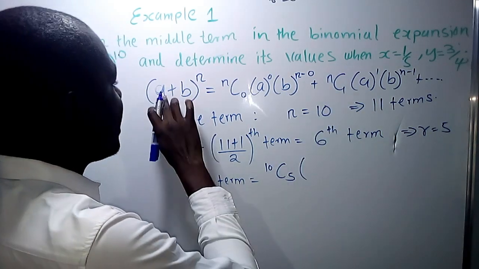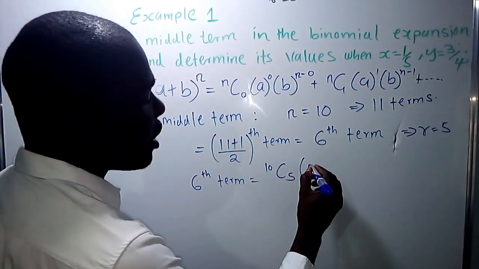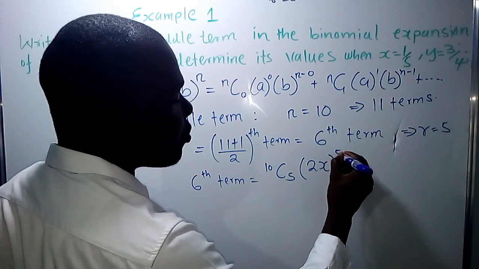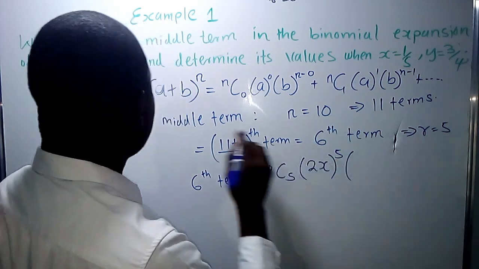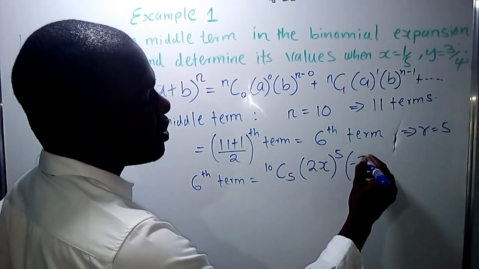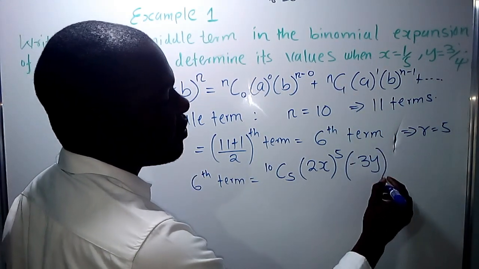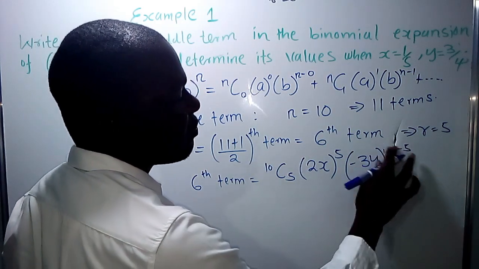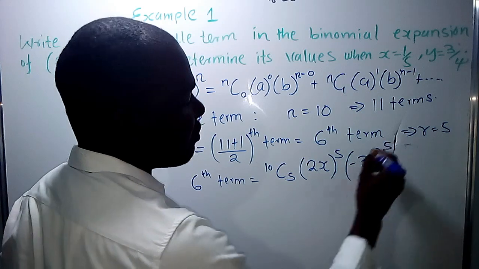Then our a, the first term in that expansion, 2x, is raised to power 5, our r is 5. Then our b, the second term in that expansion, minus 3y, is raised to power n minus 5. So 10 minus 5 is 5.